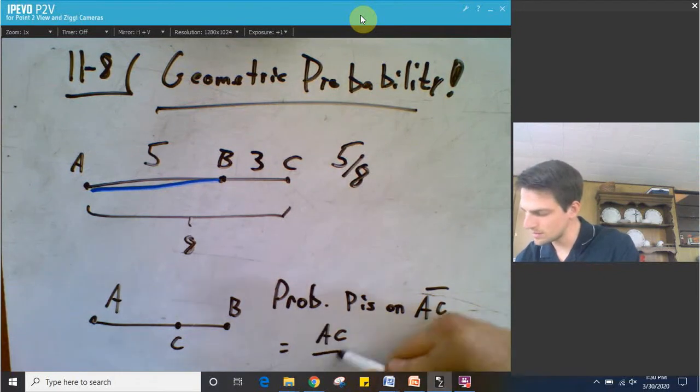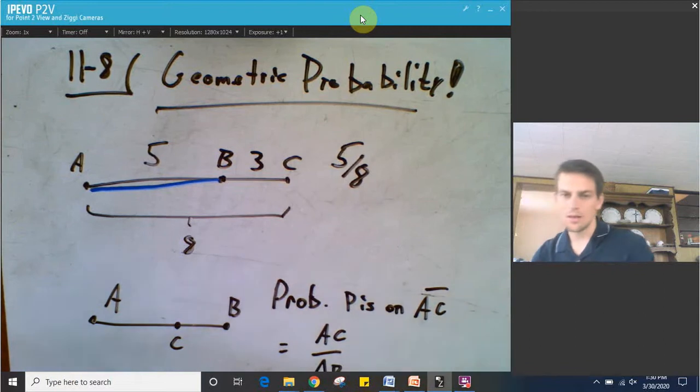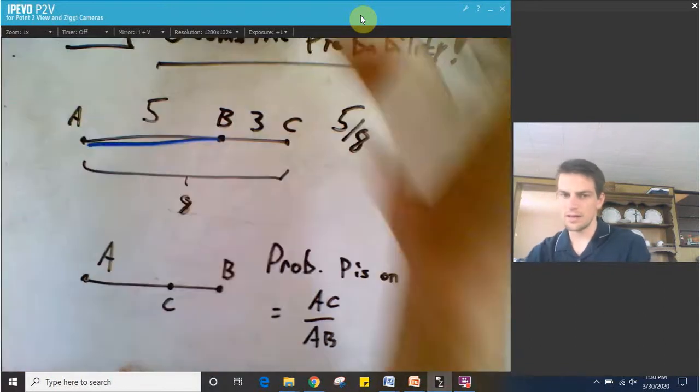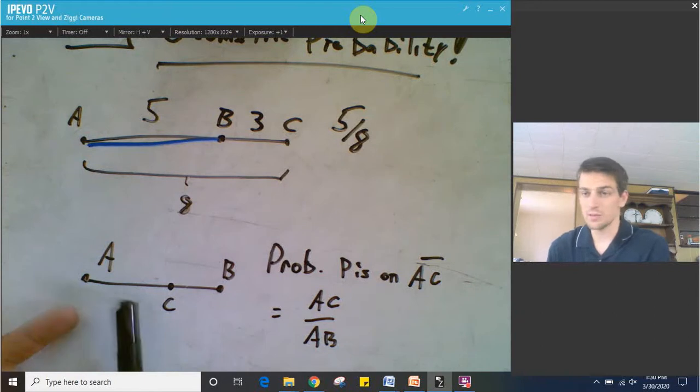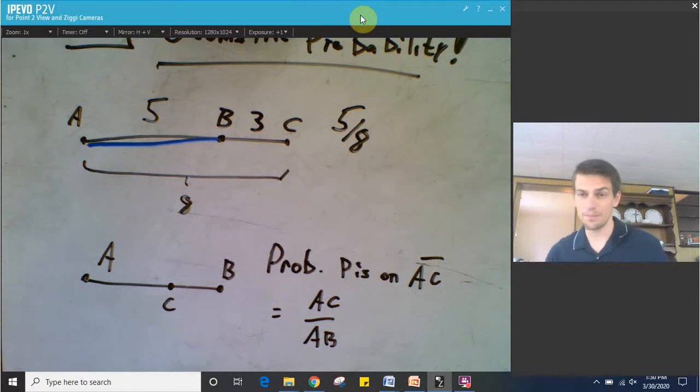So I'll just write AC over AB. Make sure you guys can see that. So that's going to be your probability that it is on that segment. It's just going to be the length of that segment divided by the total possible number of things that you could pick. So the total length.